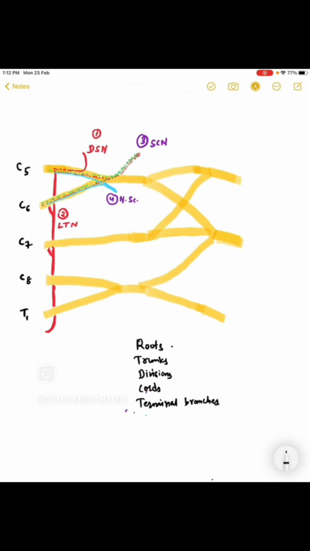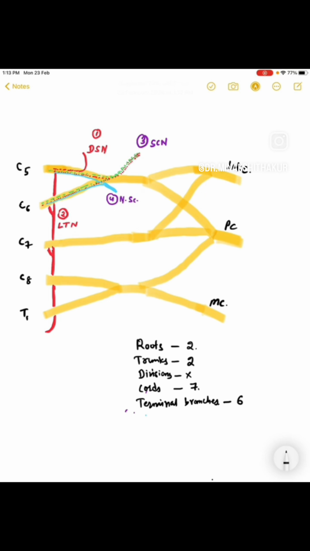From the roots we have 2 branches, from the trunks we have 2 branches, and there are no branches from the divisions. From the cords we have 7 branches plus 6 terminal branches. As discussed earlier, the 6 terminal branches arise from the lateral, medial and posterior cords. This is the lateral cord, this is the posterior cord, and this is the medial cord of the brachial plexus.